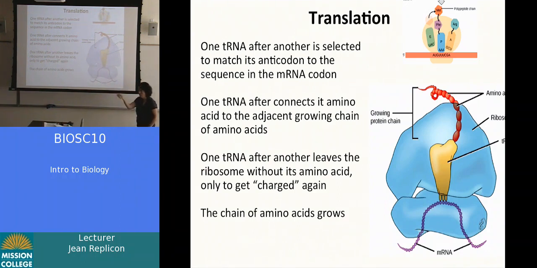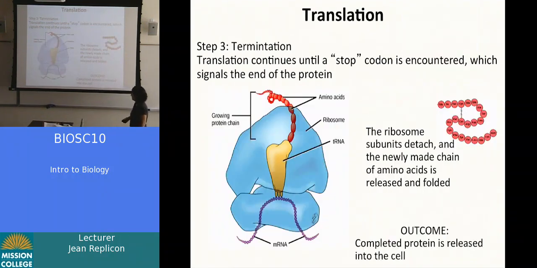So just one by one, this is how proteins are built. One by one, the amino acids are brought by tRNAs. One by one, the tRNAs leave without the amino acid, and then they get recharged and participate again. So if this happens enough, this is the messenger RNA, here's the growing chain, and we get a protein that's built.